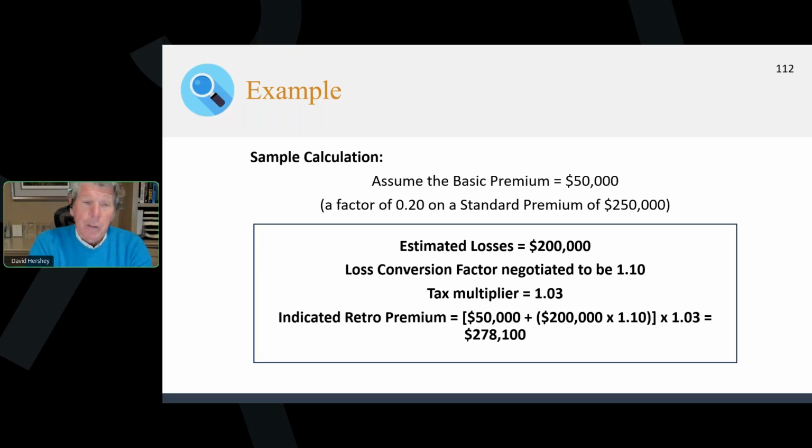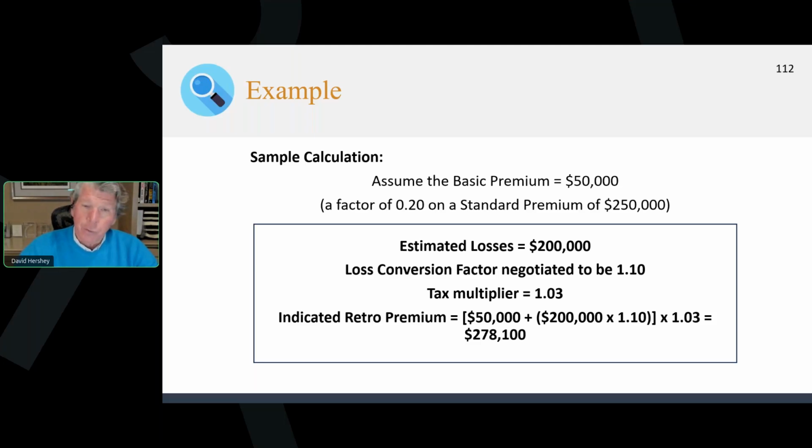Well, if you go in with a loss pick of 100,000, you end up at 200,000, then you're going to owe some money. So in a sense, understating the losses is kind of like a depressed retro plan, because you're understating the actual exposure. So recognize that. If the insured wishes to do that, boy, do you want to document your file. I can't emphasize that enough.